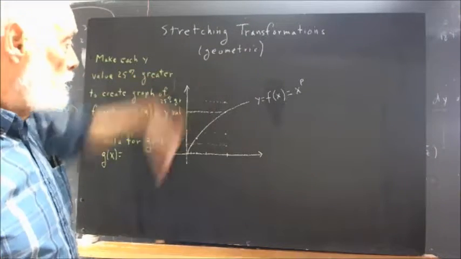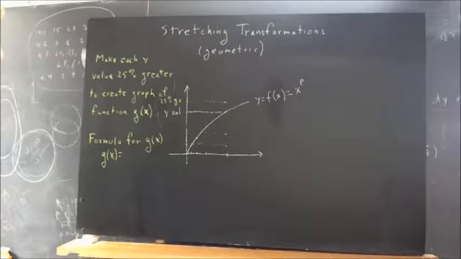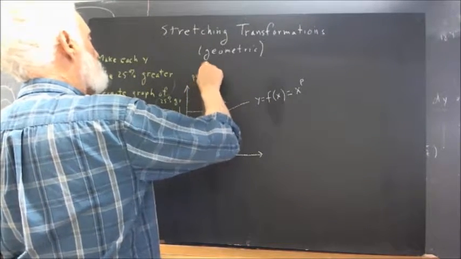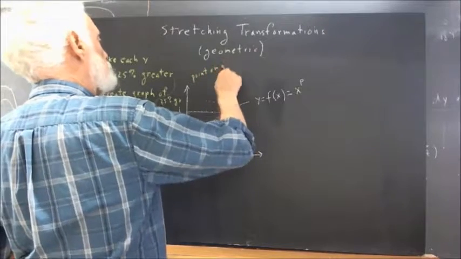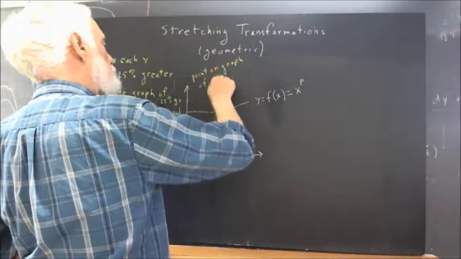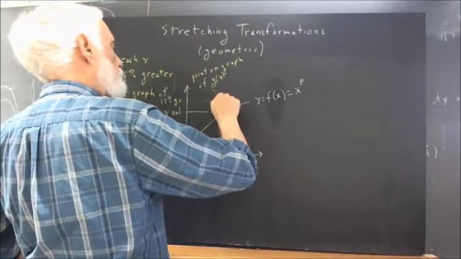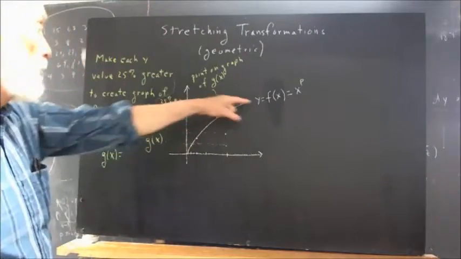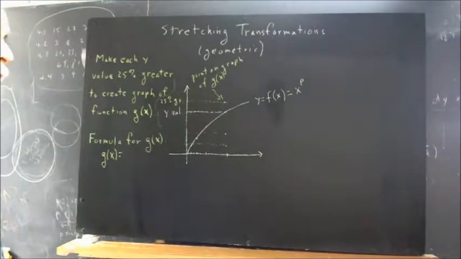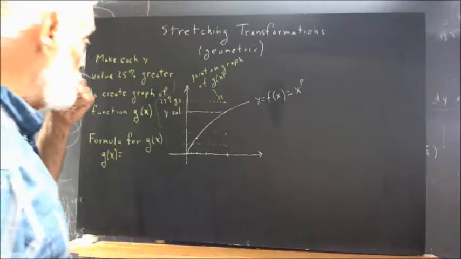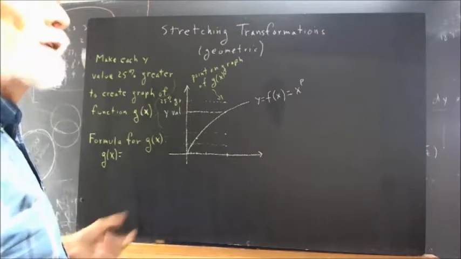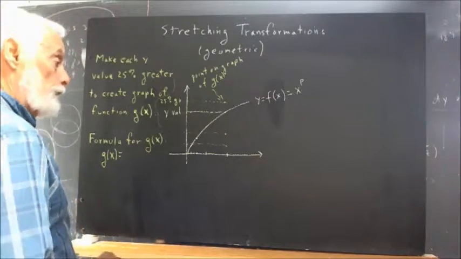So right there is a new point, a point on the graph of g of x. Now, all we have to do is do that for every point on this curve, all the way out to infinity, and we'll have our graph of g of x. Naturally, that's not feasible. We don't have time to do all the points, so we'll just do a few of them, just to get an indication of where the graph would be.